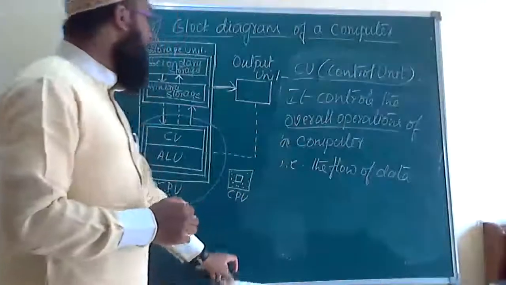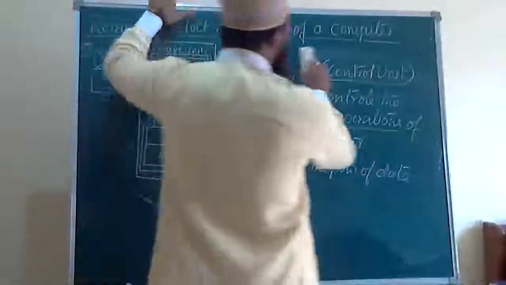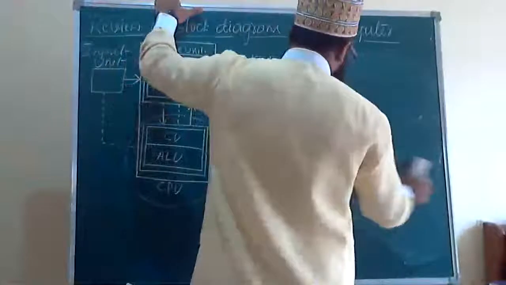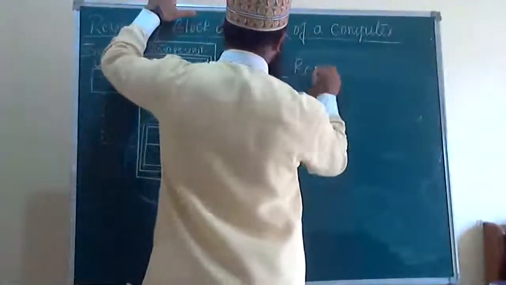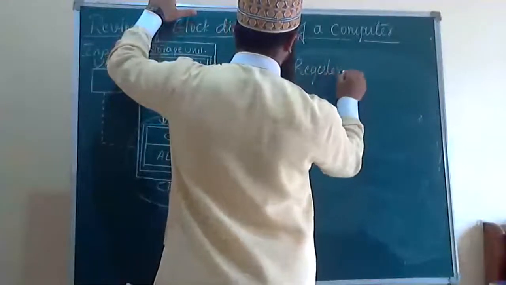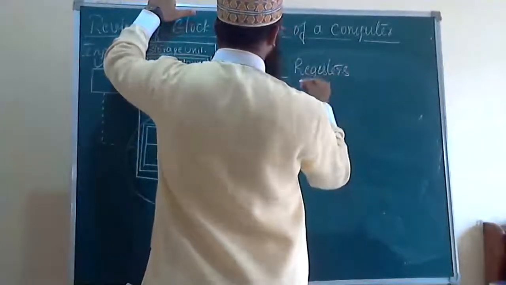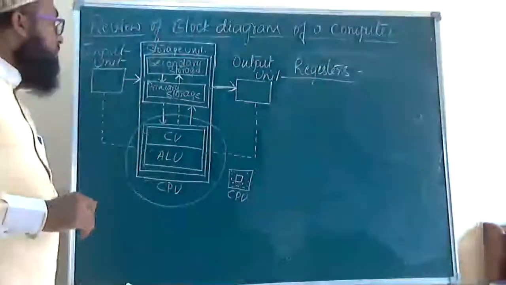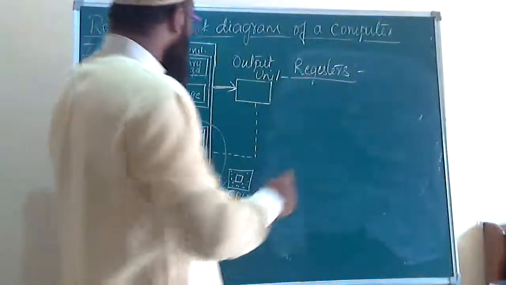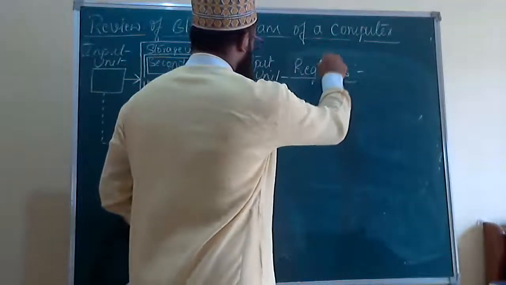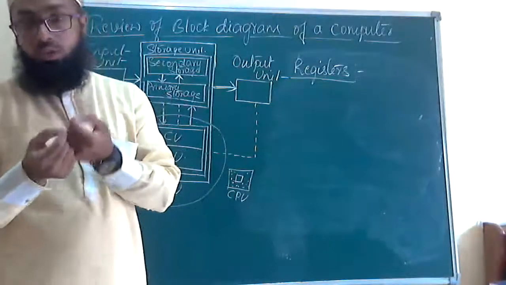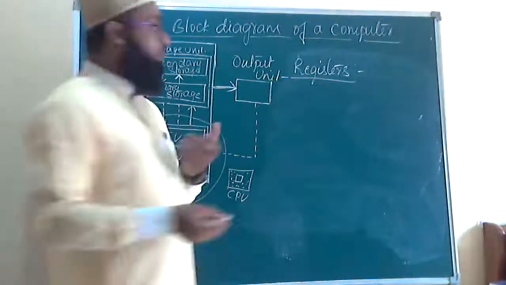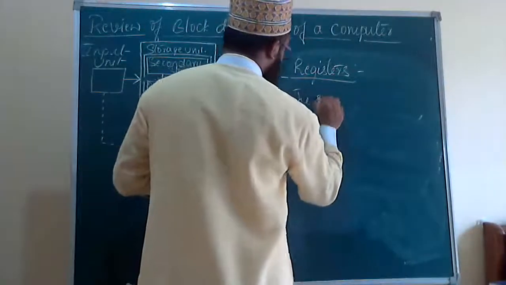Next comes the last thing under the CPU, that is registers. What are these things? They are very small components inside the CPU.